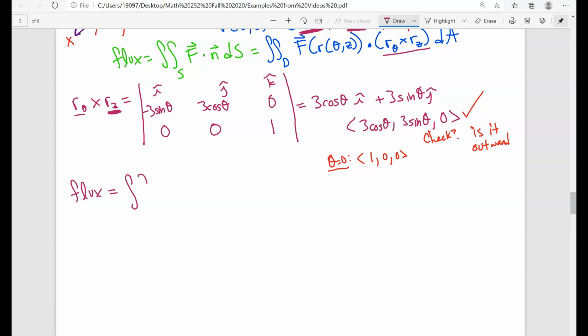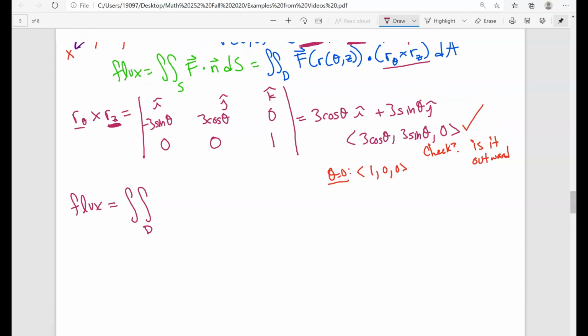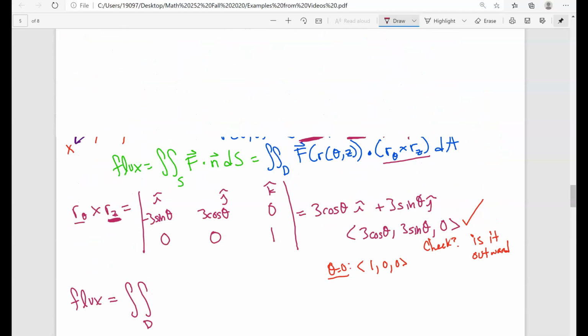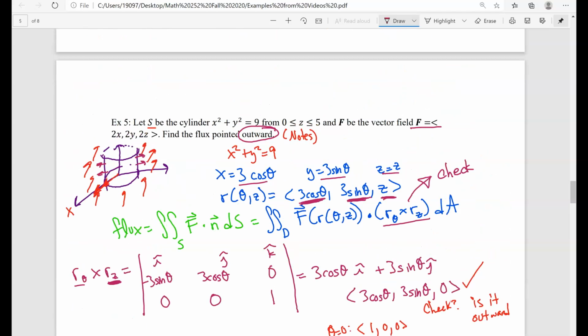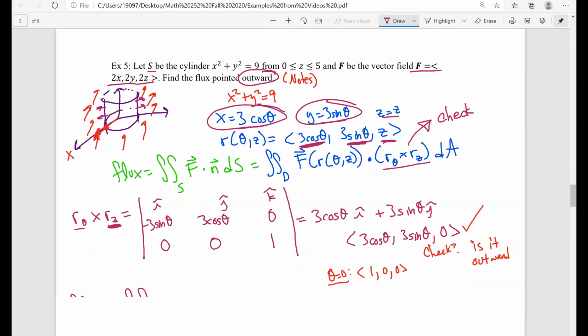the double integral over the region D. Oh, not S. And then F. So now we're going to look at F. F, you can see, is going to be 2x, 2y, and 2z. That's my force field. Now remember, I know what x and y are. We figured those out with parametric equations.